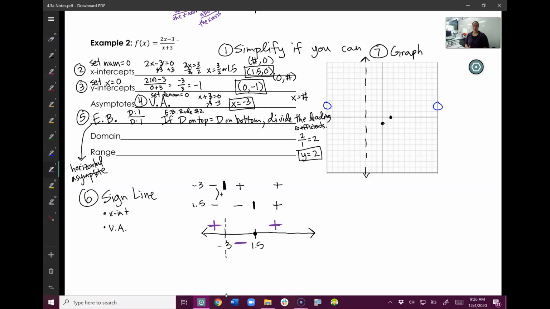So now I've got to box my sections on my graph. Remember, positive means above the x-axis. Negative means below the x-axis. So I'm going to go to the left of -3 and do above the x-axis. So left of -3, above the x-axis. Check. Between -3 and 1.5, below the x-axis.